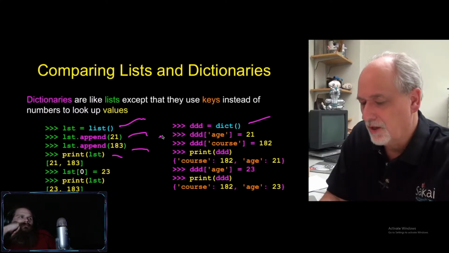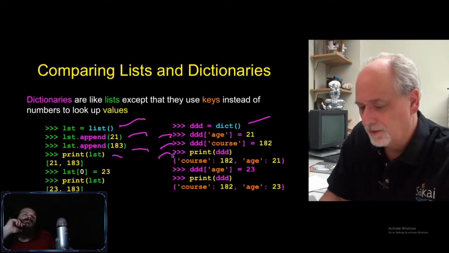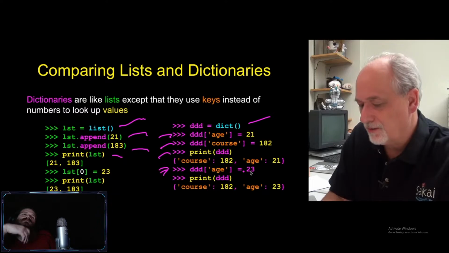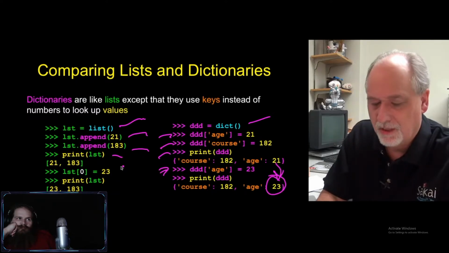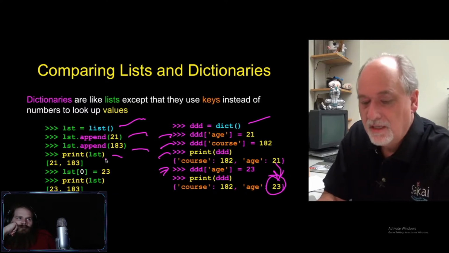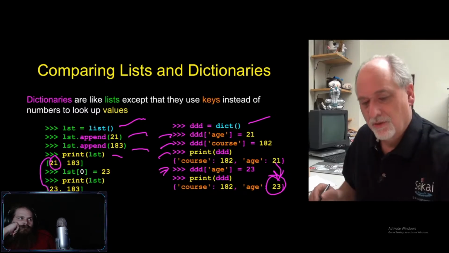Here we're going to mark 21 with age and stick it in, and mark 182 with course and stick it in, and then we're going to print it out, and there we got course and age mapped. And we can add a 23 and stick it back in age, and that overwrites. So the 21 becomes the 23. We can do the same thing in a list, except we say first sub 0, because in lists the indexing is position, and so this 21 becomes 23.